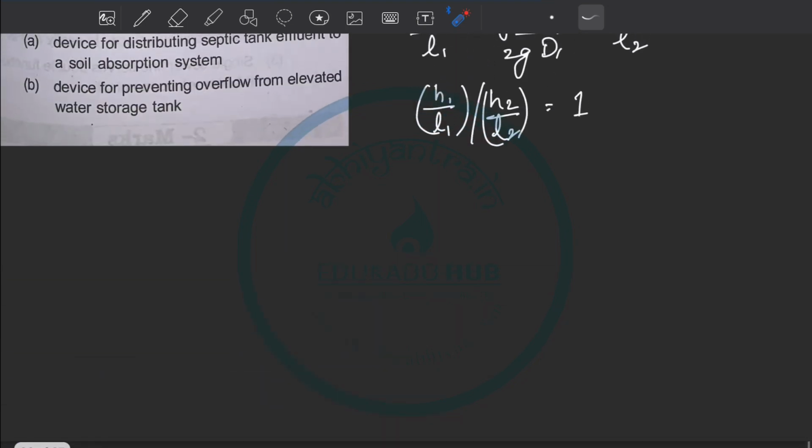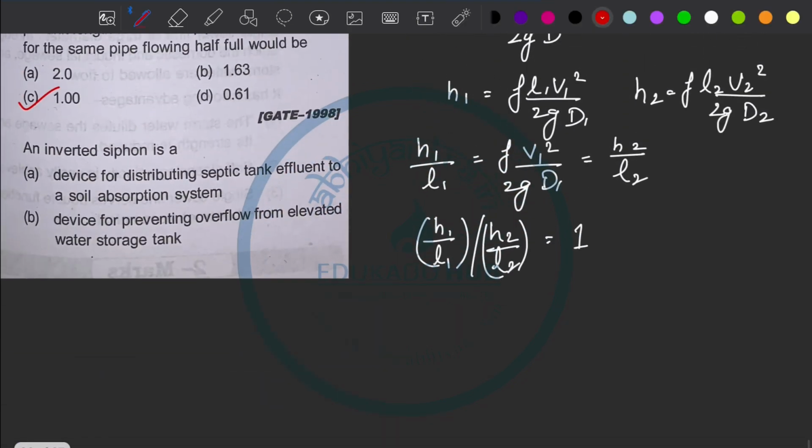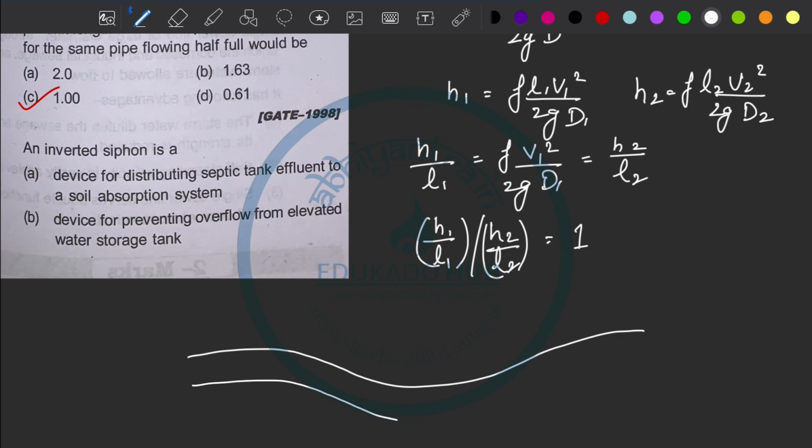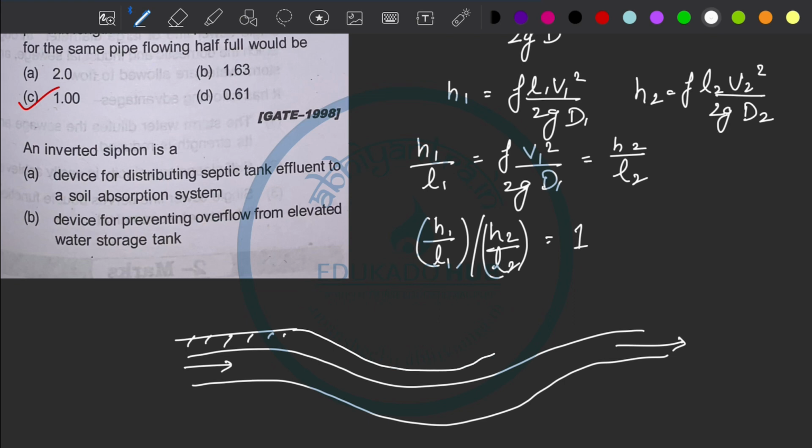Let's see what an inverted siphon is. If I draw it, it looks something like this. The sewer is coming at the same height and going out also at the same height, but suppose there is an obstruction in between, like a lake or river.